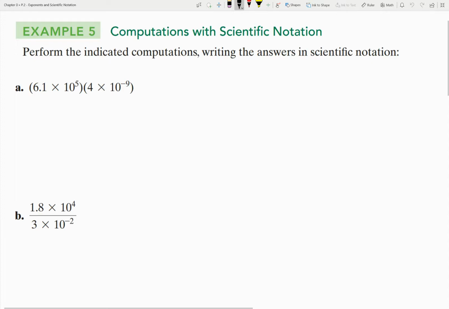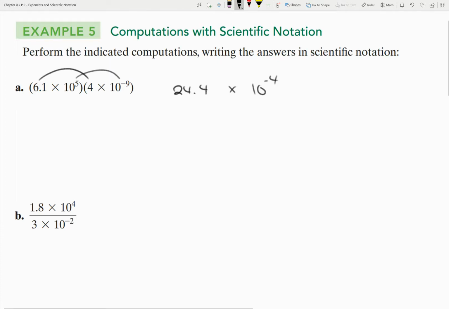But you can do a little trick to this. We can multiply these two numbers together and get 4 times 6.1 to be 24.4. And then when I multiply those two together, I can just add the exponents together. So it becomes 10 to the negative fourth.